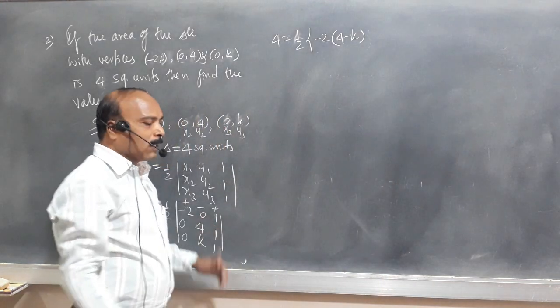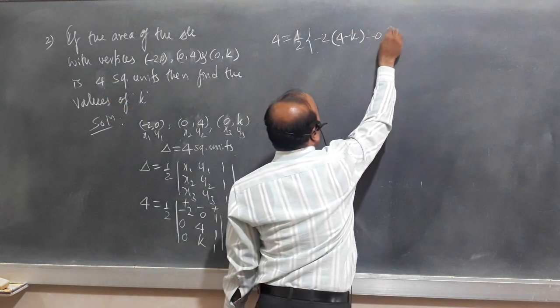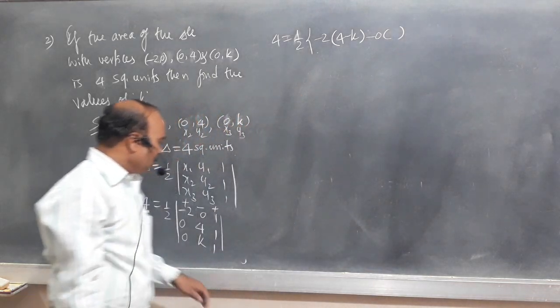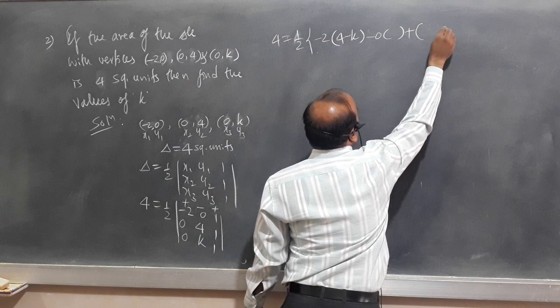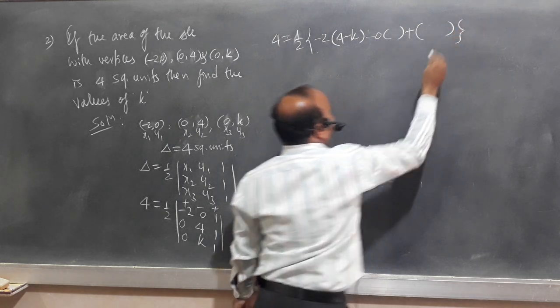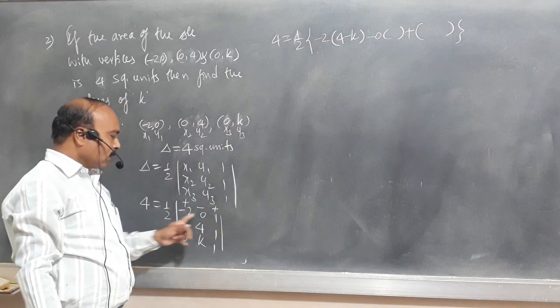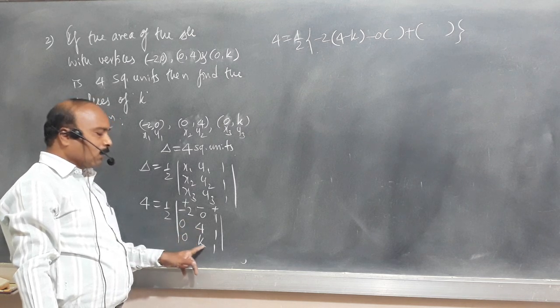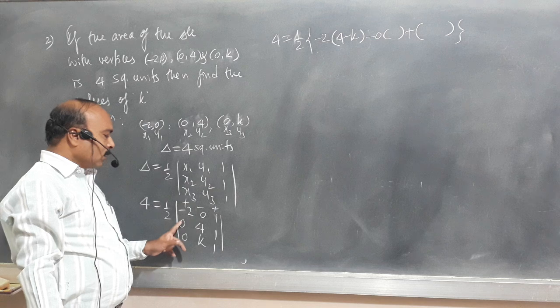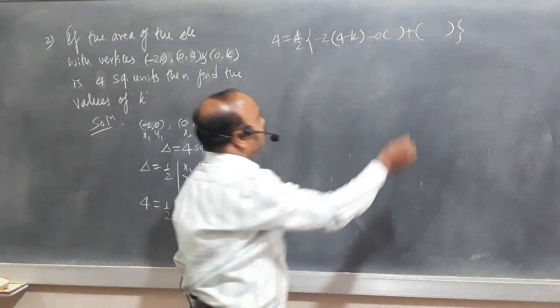Next we write minus 0, 0 into a number is 0 only, plus 1 and writing the determinant by deleting this column and this row, that is 0, 4, 0, k. Then we get 0 minus 0.